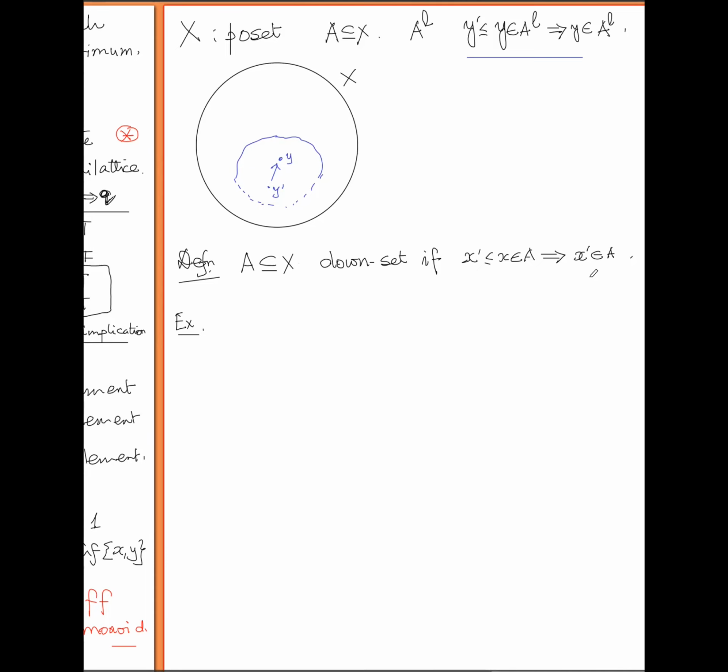The empty set? Yes, the empty set. Because this part is false, therefore this statement is true. So the empty set is there. I'll still put it at number 2. What is the first one that should come?